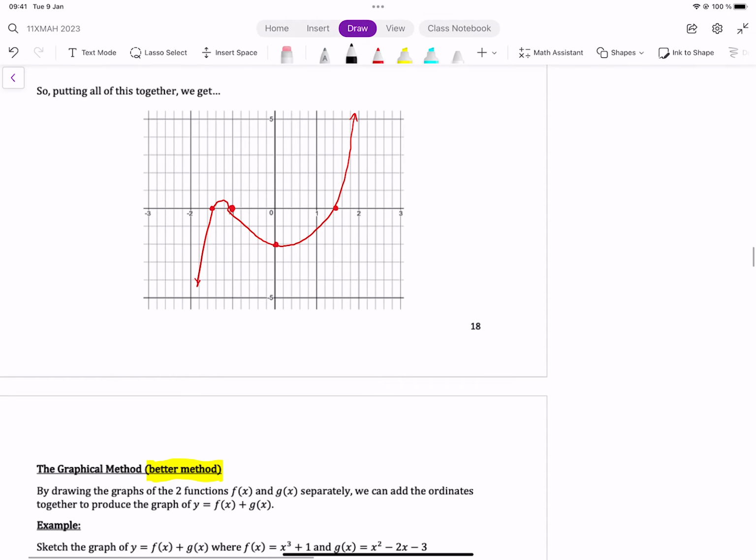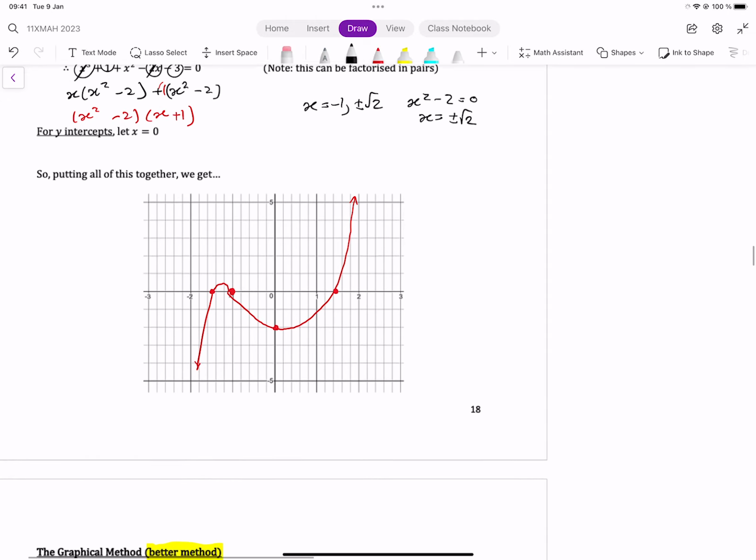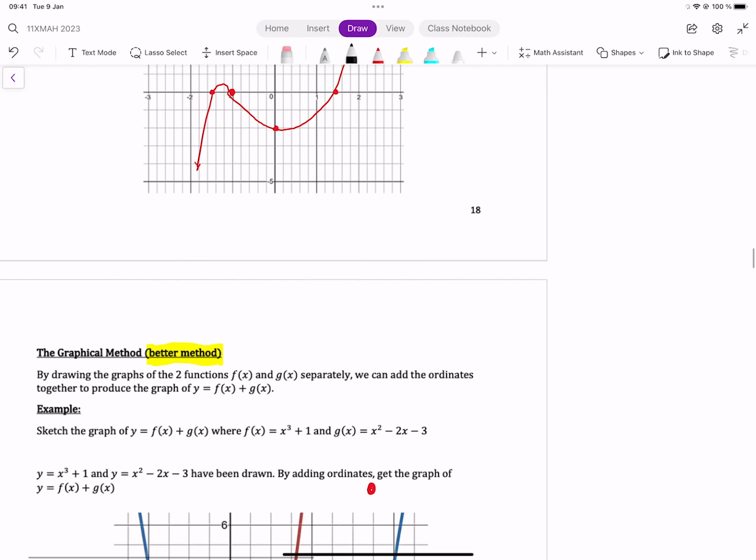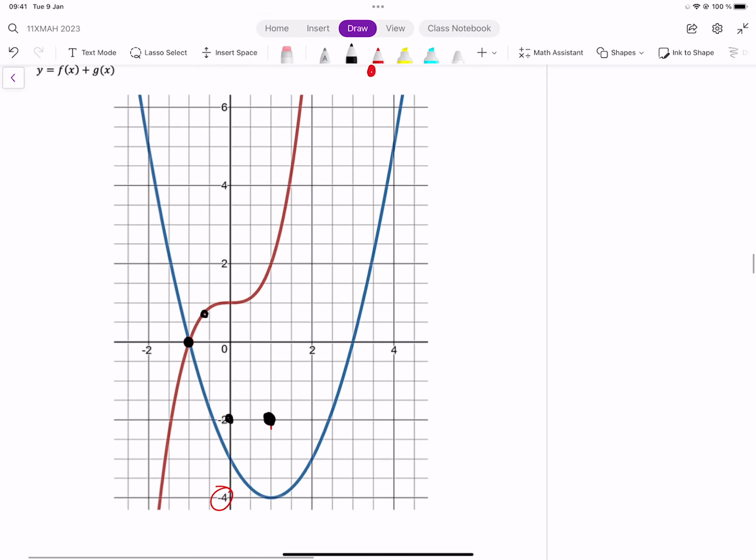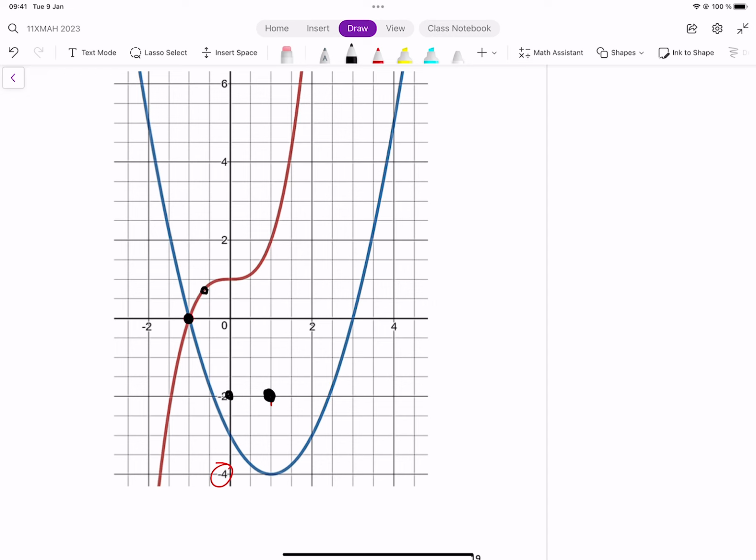So let me just check what we had up here. So it was at -1 and √2. So, actually let me pause there. They don't look the same here. But I can see here, moreover, that if I look at here and here, we can see that those two graphs are exactly the same distance from the x-axis as each other. They're exactly the same.